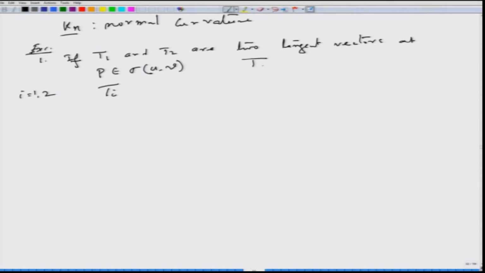because the tangent plane T_p of sigma(u, v) is spanned by sigma_u and sigma_v. So T1 and T2 both can be written as some combination xi_i sigma_u plus eta_i sigma_v.